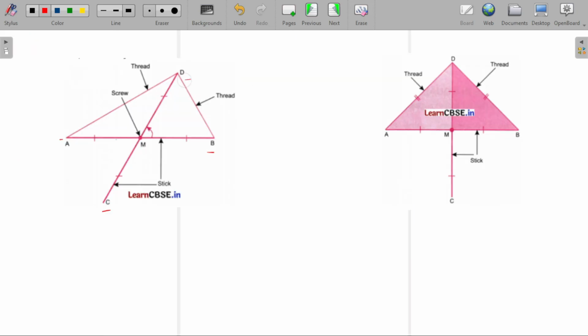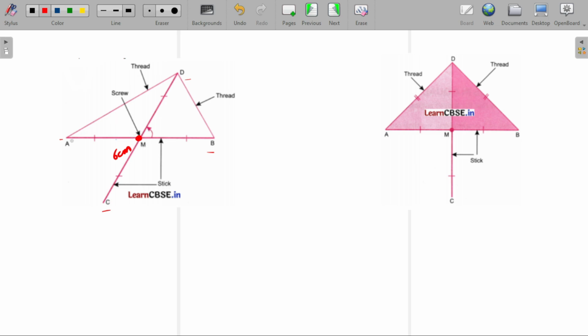C and D, these are the two sticks of equal length. Say they are of 6 centimeter each. Okay. Now mark the midpoint of the stick using the ruler. So say M is the midpoint, right? And fix a screw here.